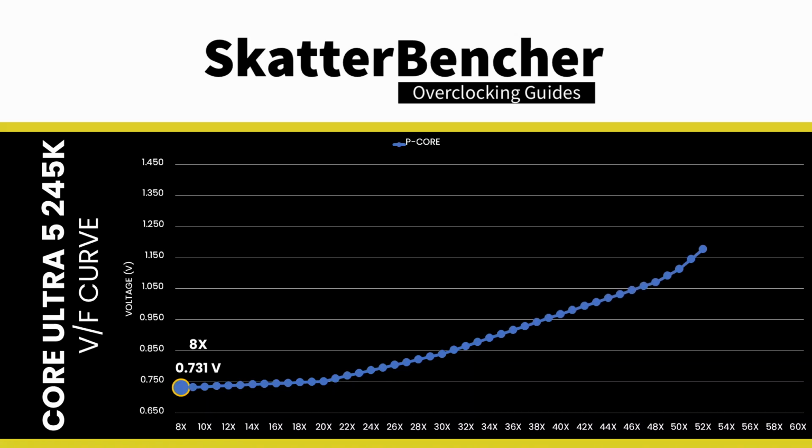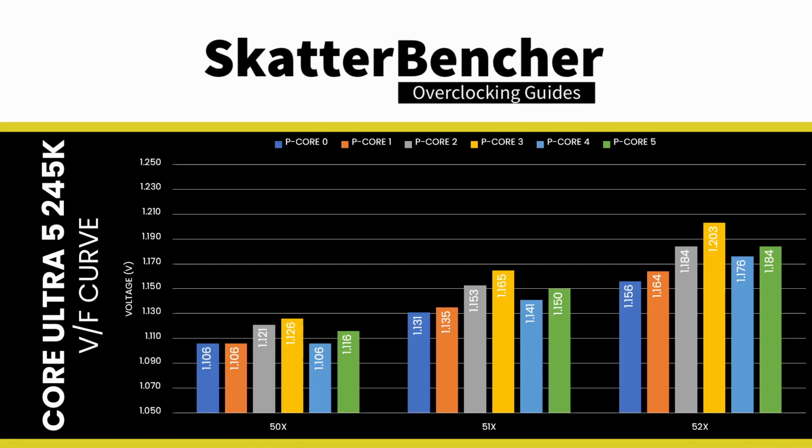The voltage is about 731 mV at 800 MHz, then increases to 1.071 volt for VF.4 at 4.8 GHz, and ultimately ends up at 1.178 volt for VF.6 at 5.2 GHz. Note that each P-core has a different fused voltage for VF.6, which ranges from 1.156 volt for Core 0 to 1.203 volt for Core 3.